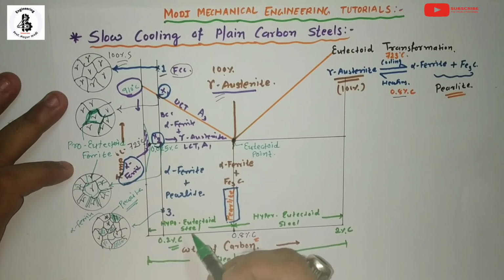Now I would like to make a microstructure at room temperature. Just you can see the microstructure for point number 3 dash. At 0.8% of carbon and at room temperature, the gamma phase now converts into alpha ferrite plus cementite. It will make a proper mixture of alpha ferrite and Fe3C, or cementite.